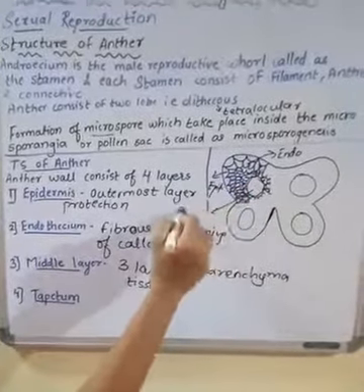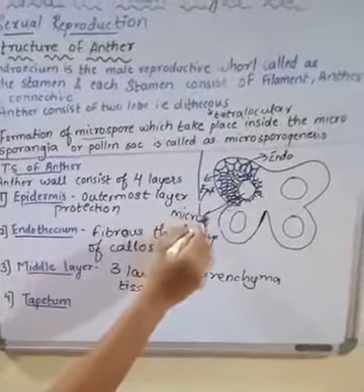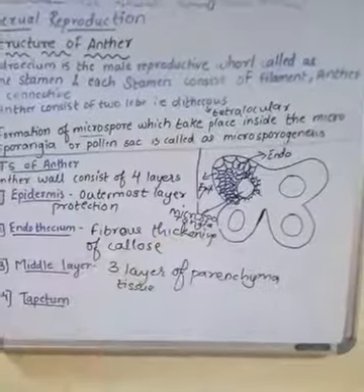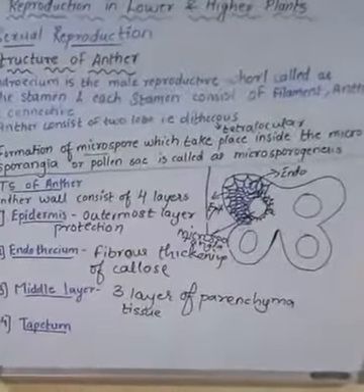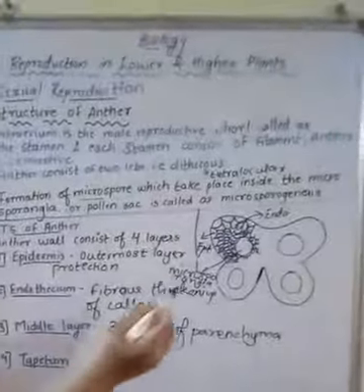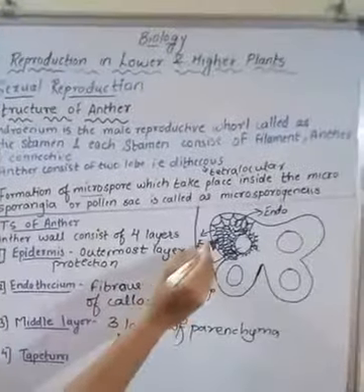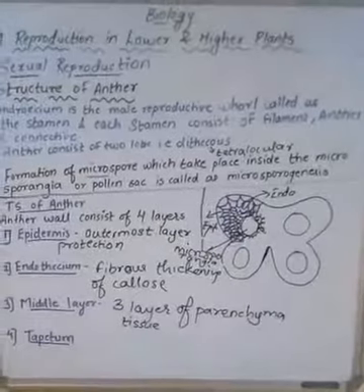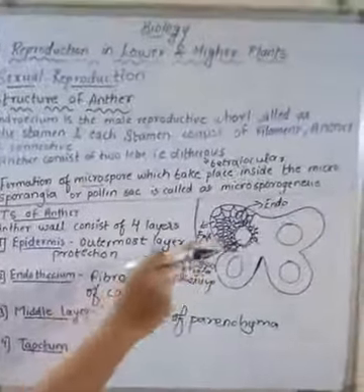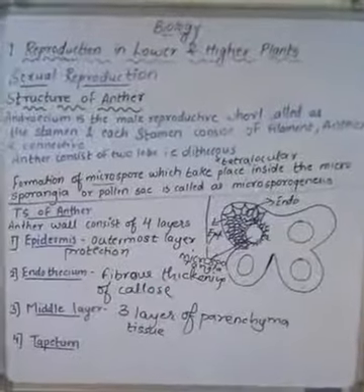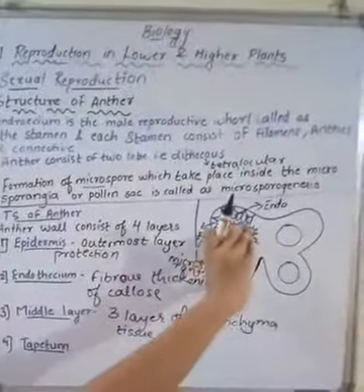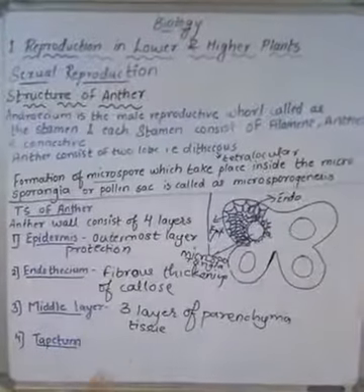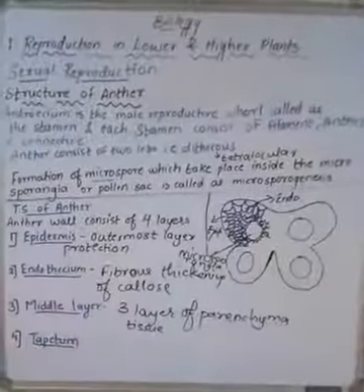This is the microsporangia. Clear? So here we have four lobes of microsporangia. The first layer is the epidermis, the second the endothecium, the third the parenchymatous cells, and at the last stage these parenchymatous cells degenerate, and the two lobes merge together and form a single lobe, because they degenerate at the third step.